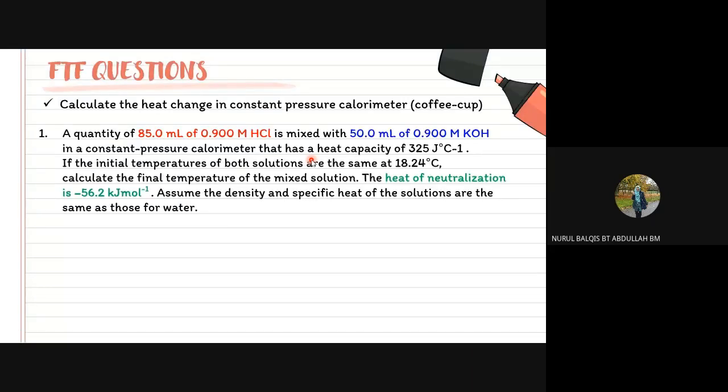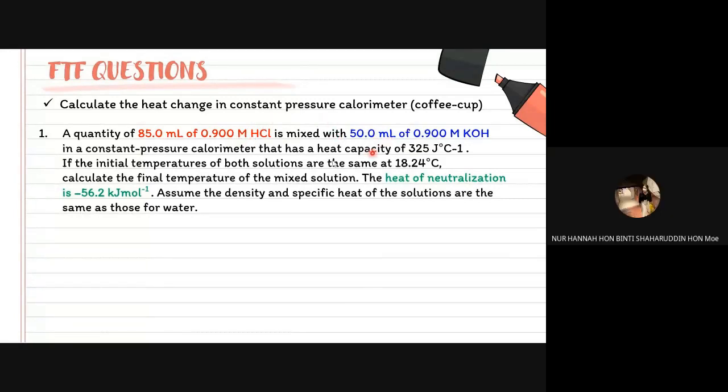For face-to-face questions, a quantity of 85 ml of 0.900 molar HCl is mixed with 50 ml of 0.900 molar KOH. You got different volume in here, even though you have same molarity, you are going to have two different number of mole, is it?